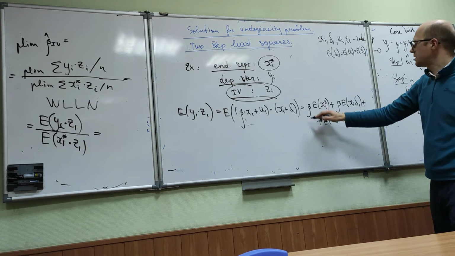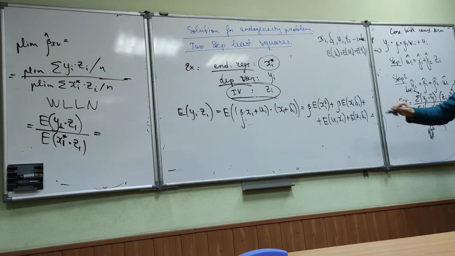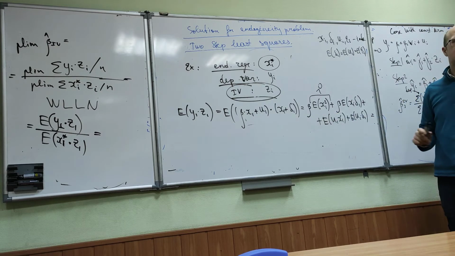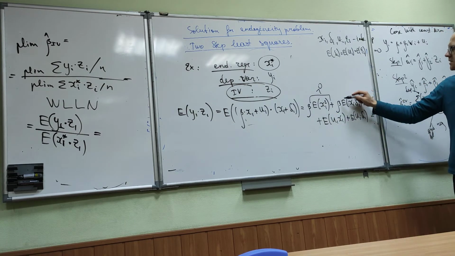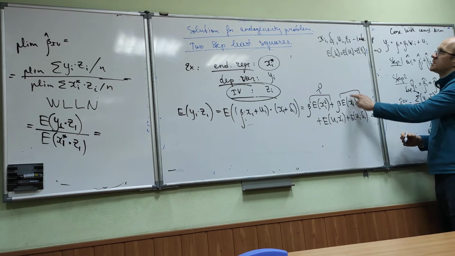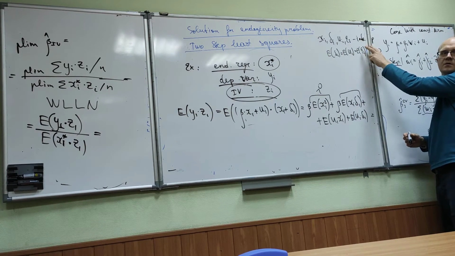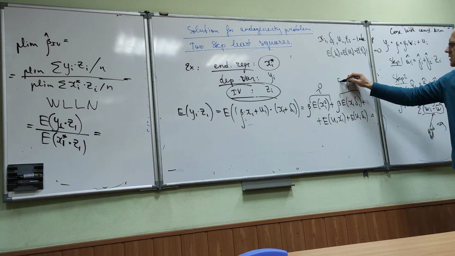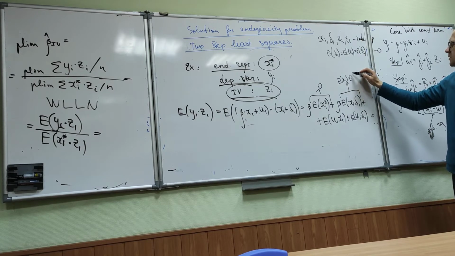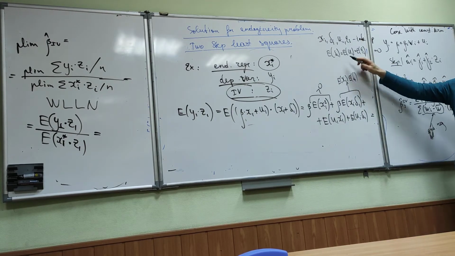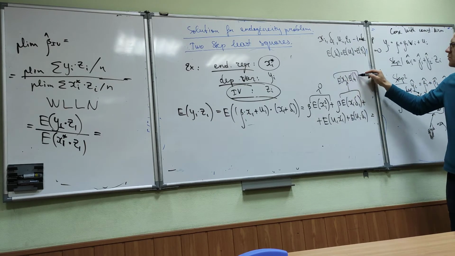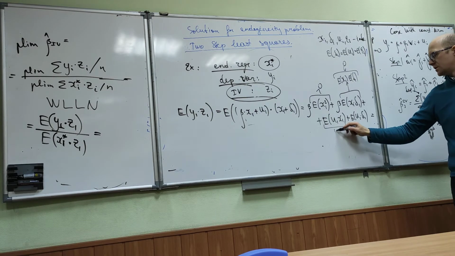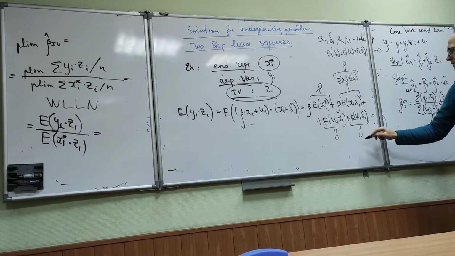So the numerator simplifies to what? The expected value of x1 squared is greater than 0 because it's the expected value of something non-negative. Because these random variables are independent, it expands into a product: the expected value of x1 times the expected value of delta1. The expected value of delta1 is 0, so this term is 0, this term is 0, and the last term is 0.